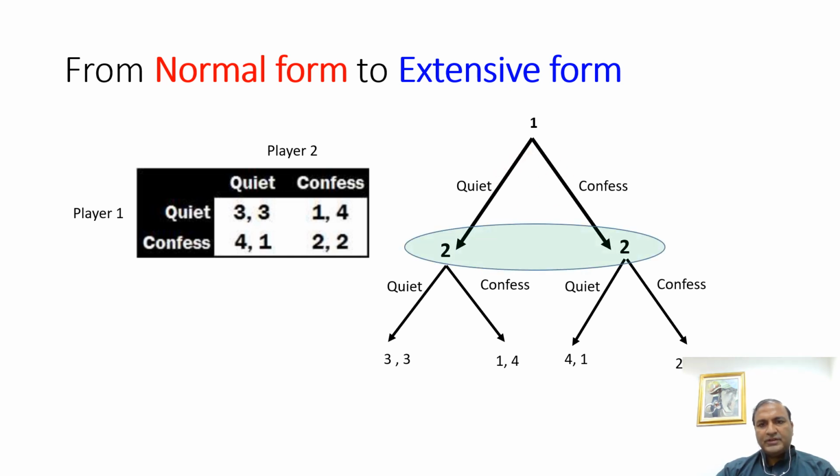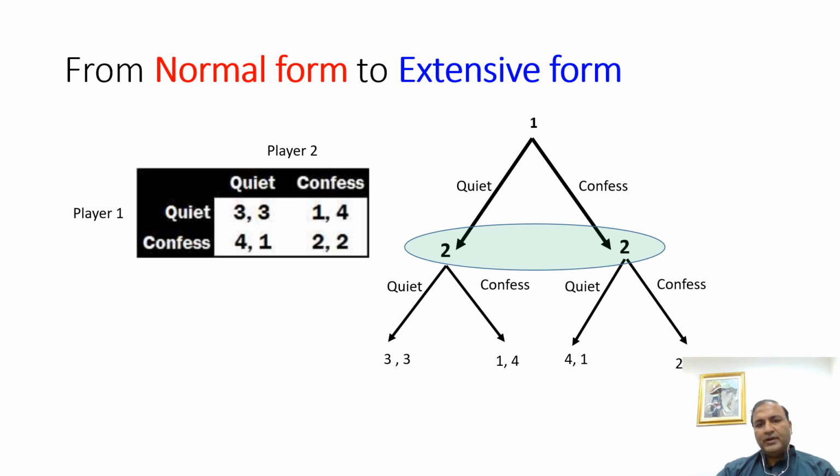So for that we just make another circle. We say that this is an information set. In this information set, player 2 does not know if he is here or if he is going to take the decision here. Okay, so this is called an information set.